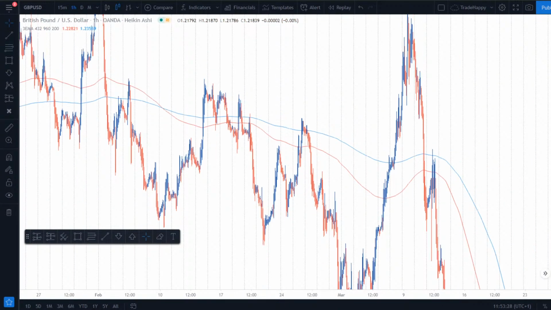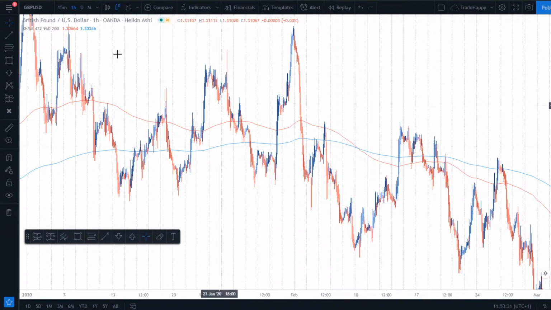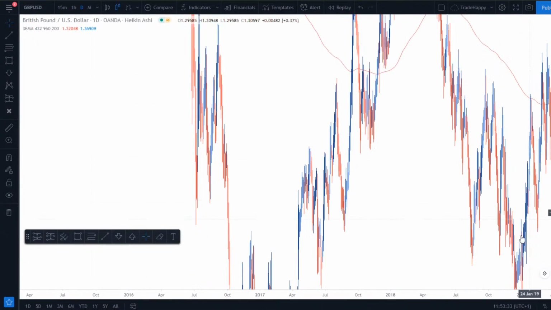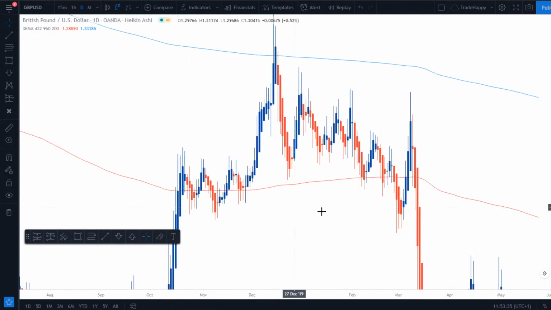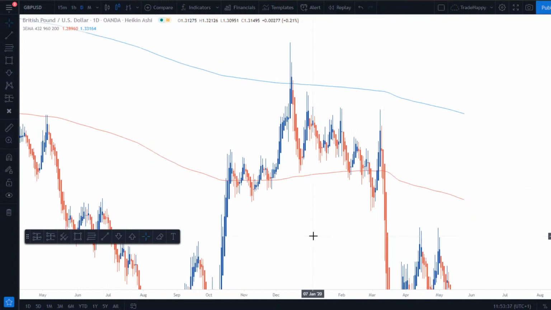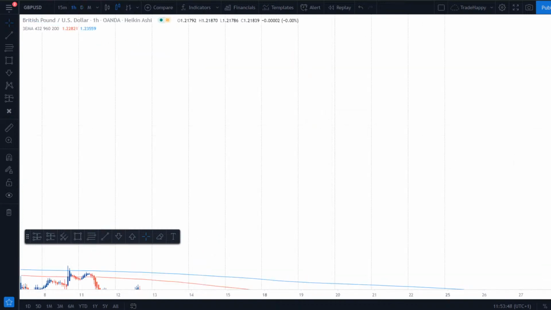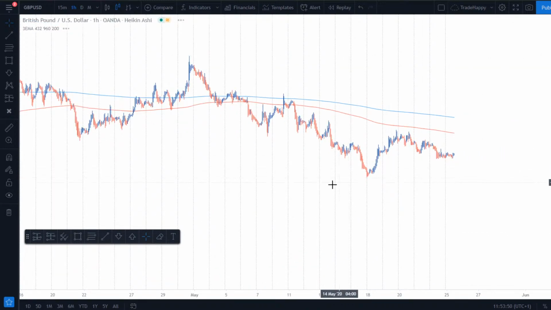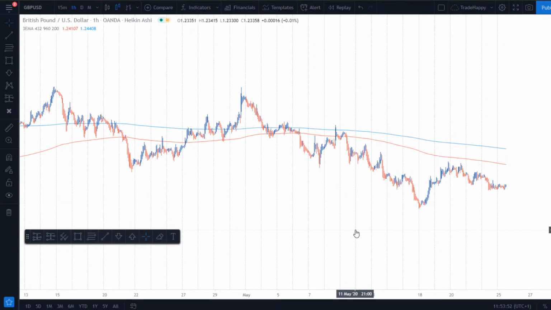So all it is, I'm not sure if you were at the start of the stream, if you were in here, but the EMAs are 18 and 40 EMAs on the daily chart. But all I've done is change them so that it shows me what the daily EMA is, but on the 1 hour. So I don't need to switch between the daily and the 1 hour charts.